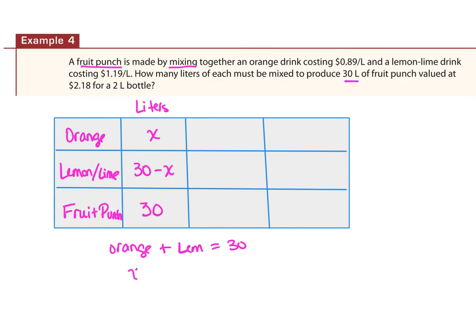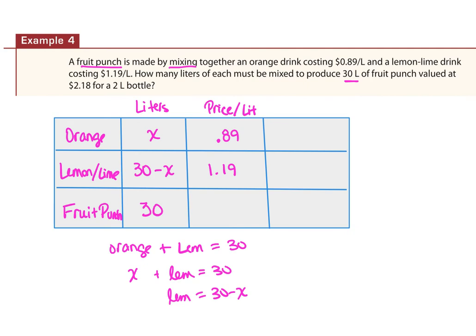I already said that this is X, so I can subtract the X over, and that's what I'm going to put there. Make sense? Everybody see why I did that? That's how these are going to be if they give you a total amount, by the way. All right, the next thing we're going to talk about is price. Price per liter specifically. How much is the orange drink per liter? It is 89 cents. How much is the lemon lime?